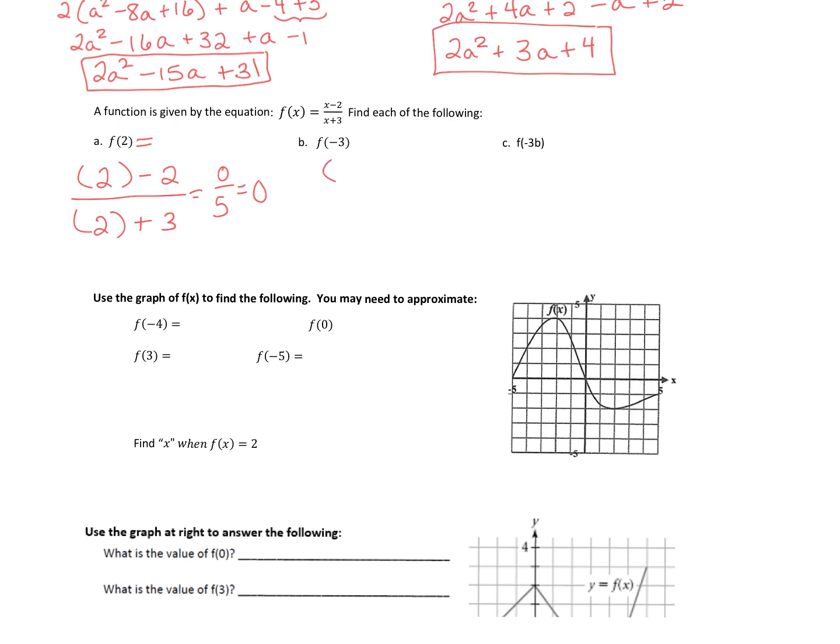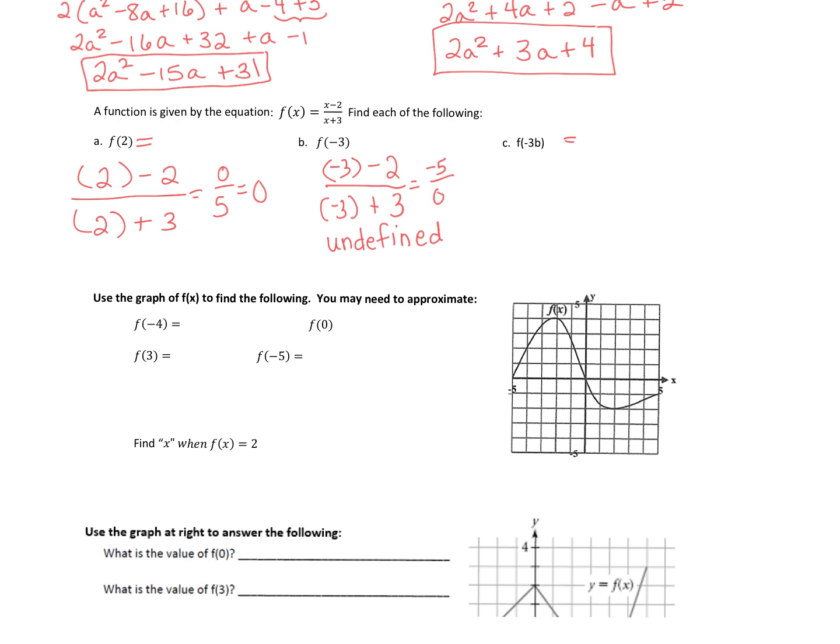In the same way, we have something minus 2 and something plus 3, and we're going to plug in a minus 3. So in this case, we get negative 5 over 0. We cannot divide by 0, so this one is undefined.